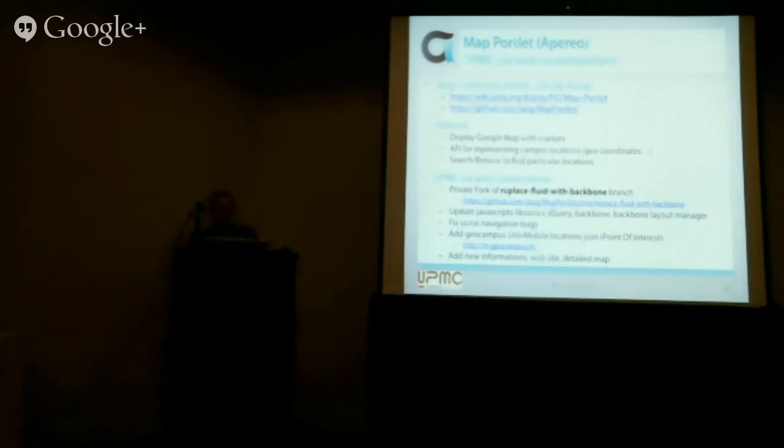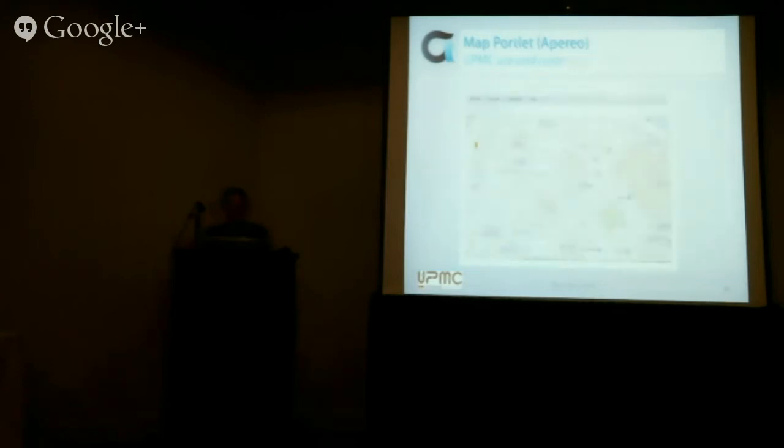It is a French mobile app that all University of Paris use in order to locate their points of interest. We add new information to the point of interest like a website and a link to a detailed map.